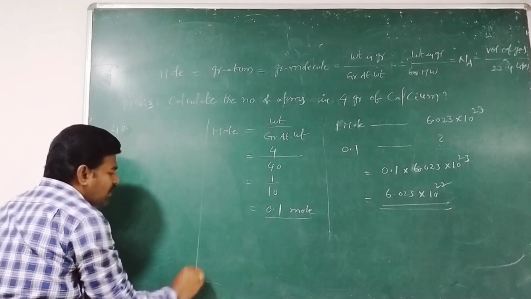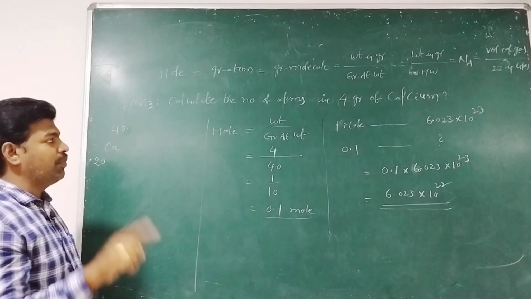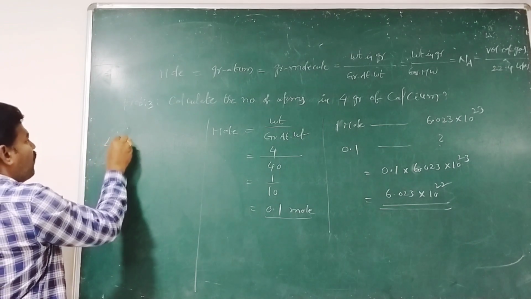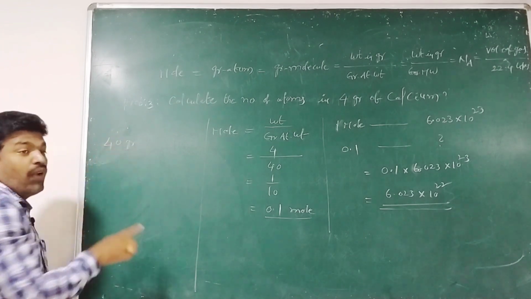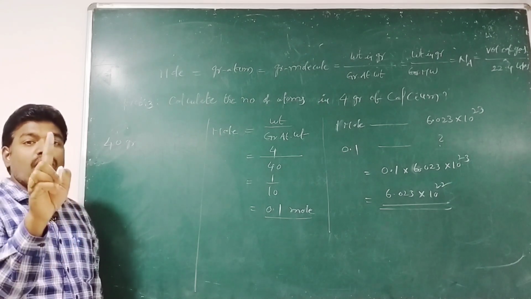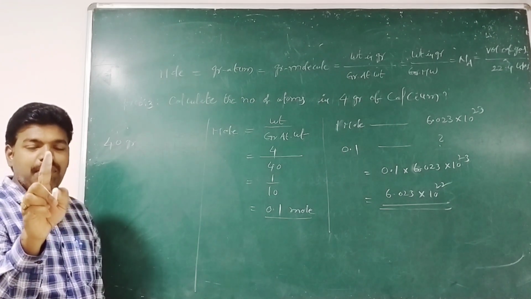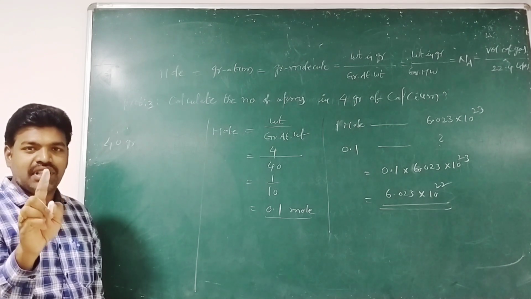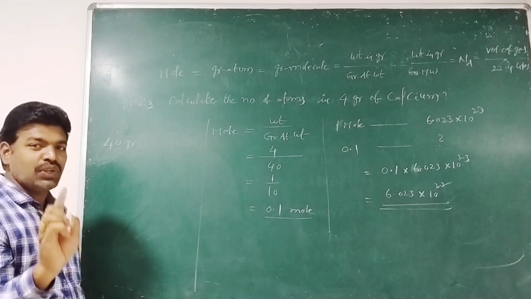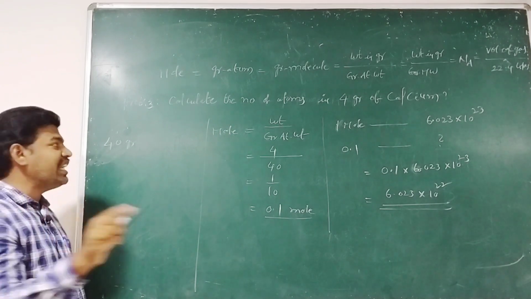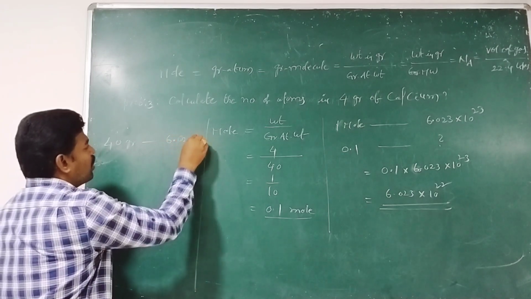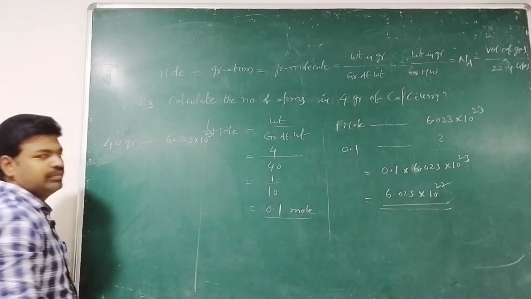There is another way to solve this problem. 40 grams means 1 gram atom of calcium. The atomic weight of calcium is 40 grams, and that is equal to 1 gram atom, and 40 grams contains 6.023 into 10 to the power of 23 atoms.